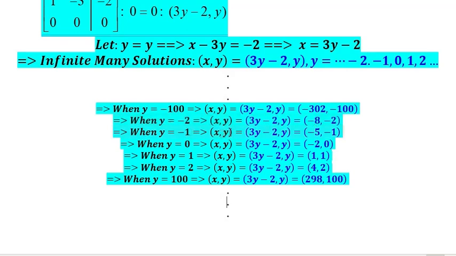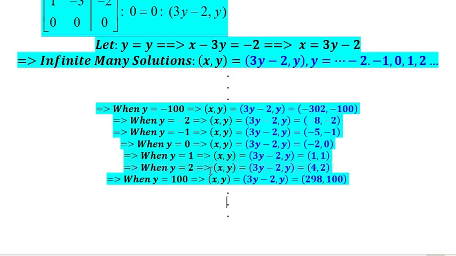When y is minus 1, x is 3 times minus 1 is minus 3, minus 3 minus 2 is minus 5. When y is 0, then x is 3 times 0 minus 2, which is minus 2. When y is 1, then x is 3 times 1 minus 2, which is 1.